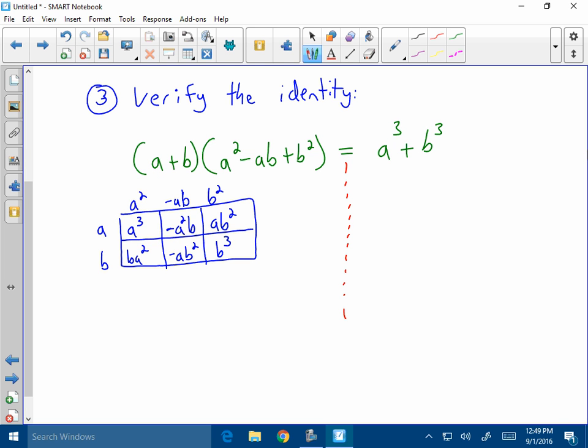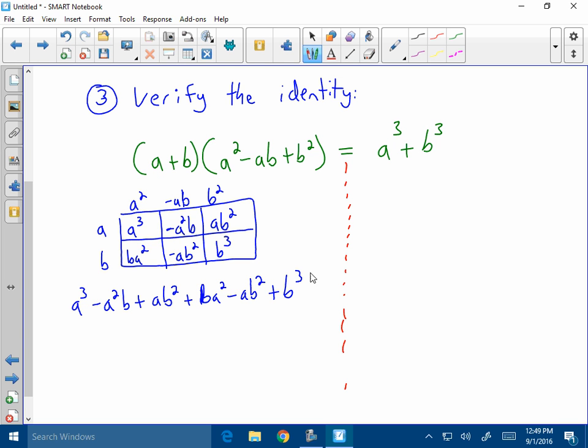I've got my eye on where those like terms would be. Since this is an example of an algebraic proof, I am going to write this out: ab squared, b cubed, just writing out my product here so we can look at our like terms a little closer. If you haven't spotted it yet, there are some like terms in here.